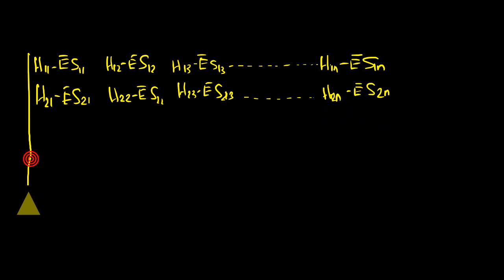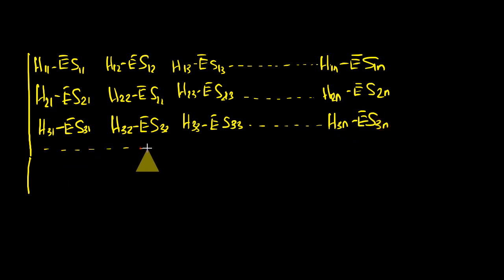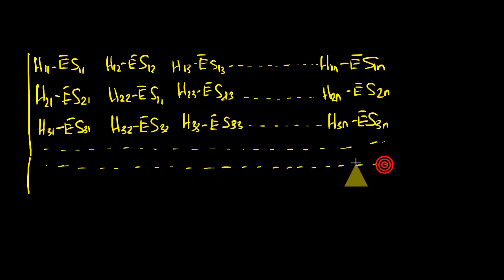And if you are going for the third row, then it will be h31 minus E bar s31, h32 minus E bar s32, then h33 minus E bar s33 etc. to h3n minus E bar s3n. Then we will go for the last row of this determinant. Last row is the nth row.